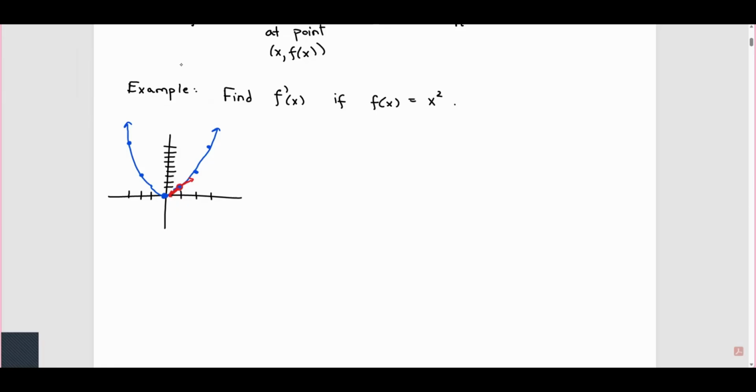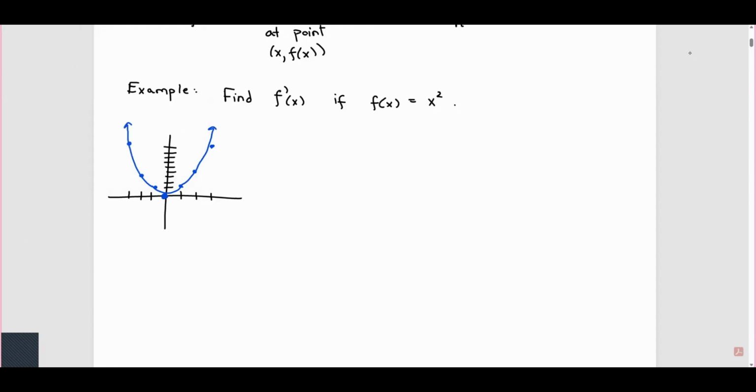So the slope of your tangent line would be pretty small compared to, say, this point where it's increasing quite quickly. As I pick a point further along my x-axis, the slope of our tangent line should be getting bigger and bigger. It starts to increase faster the further along the x-axis we go.